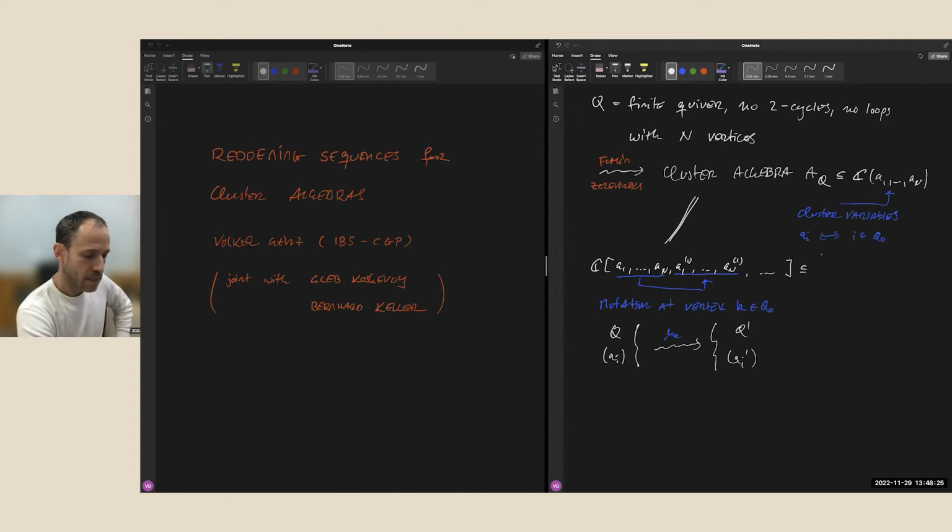An important fact is that this cluster algebra actually lives inside the ring of Laurent polynomials in the initial cluster variables. So this is called the Laurent phenomenon, due to Fomin and Zelevinsky.